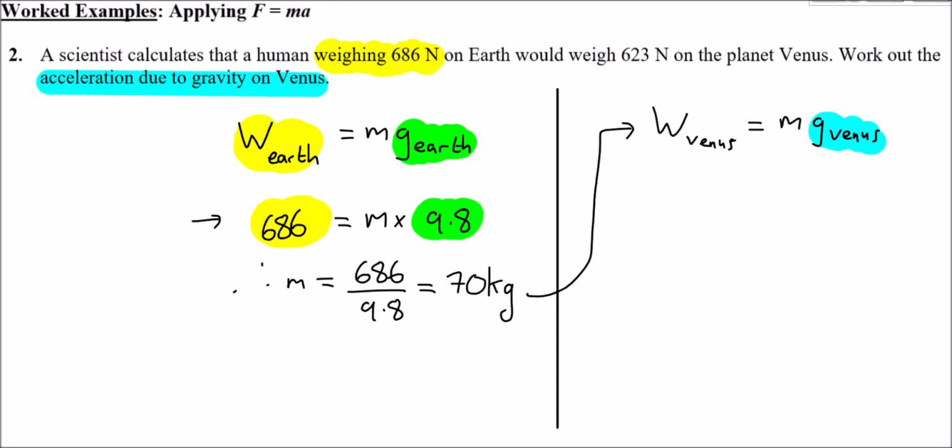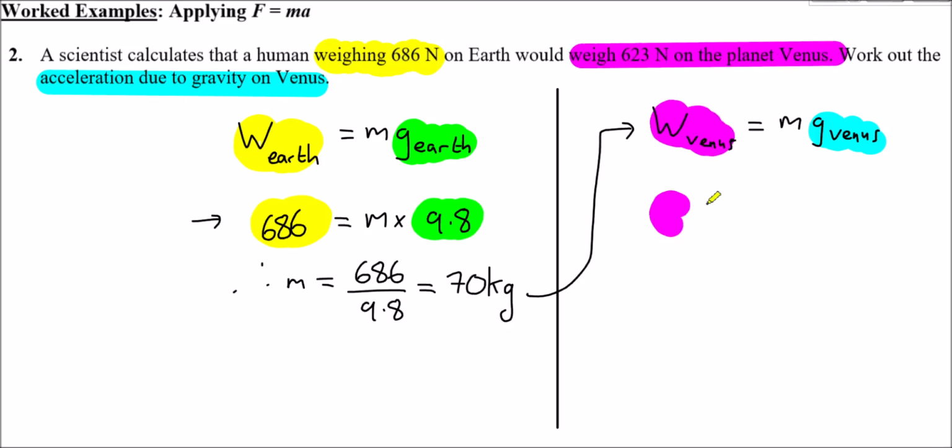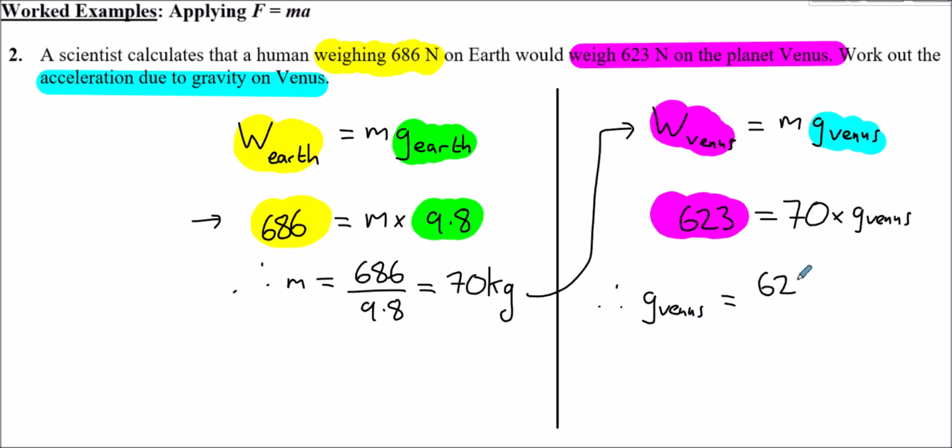If we plug in what we know, the weight on Venus is 623. So 623 equals the mass of the object, which we worked out was 70, multiplied by the gravitational field strength on Venus. So the gravitational field strength on Venus, the acceleration due to gravity, is one and the same thing. It's going to be 623 divided by 70.